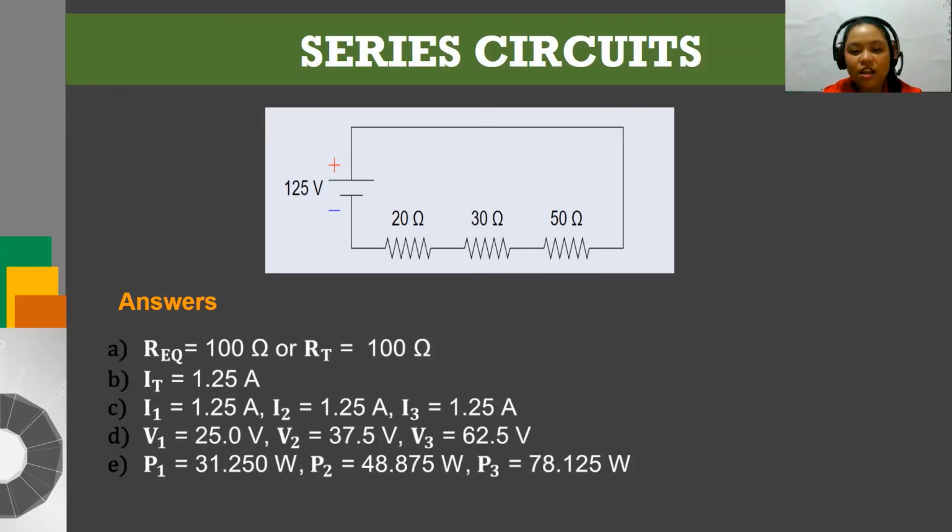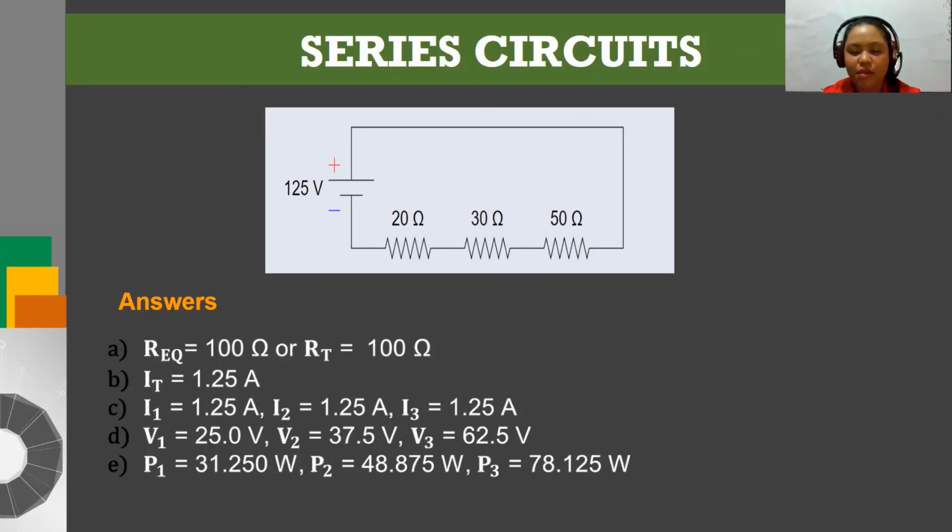Next, we have the voltage drops of each resistor. V1 is equal to 25 volts, V2 is equal to 37.5 volts, and V3 is equal to 62.5 volts. And for the power dissipated in each resistor, P1 is 31.25 watts.